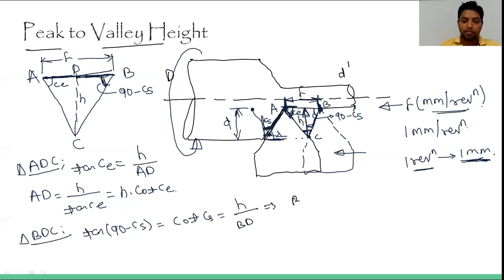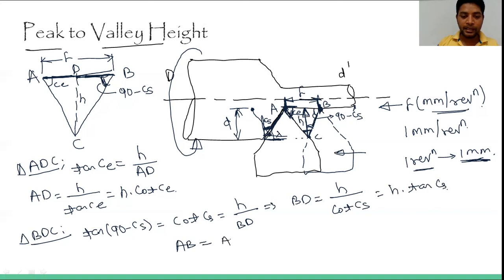From this, BD will be equal to h upon cot CS, and we can also write this as h into tan CS. Now the total value AB will be equal to AD plus BD. And what is AD?